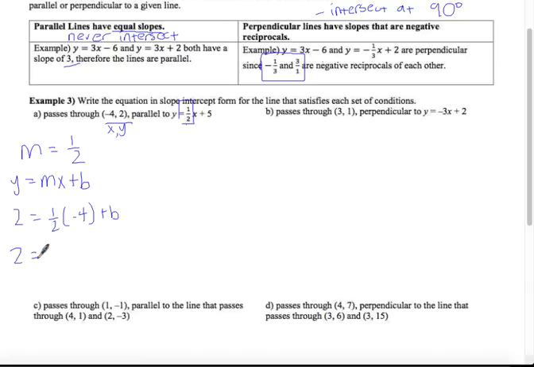So 2 equals half times negative 4, which is negative 2, plus b. Add 2 on both sides, and we get 4 equals b. So our equation here, now substituting, since we know what b is and we know what m is, is y equals 1/2 x plus 4.